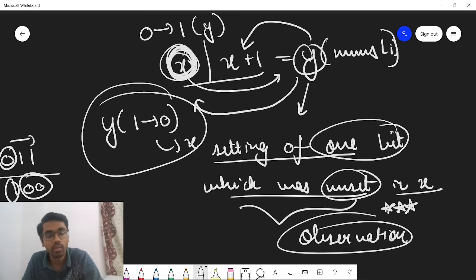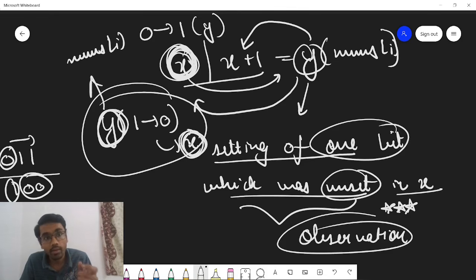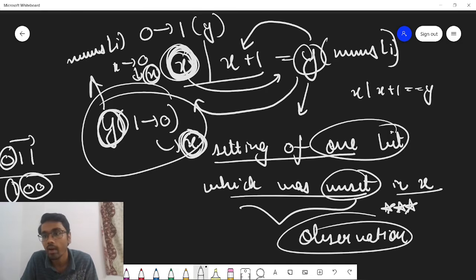We will do the same thing to get the x value, because x is what we need to find. This y we already have, and this y is nothing but nums of i. So we can try to unset a particular 1 to 0 in order to get our value x. If we have x, we can simply do x OR x plus 1, and we will surely get y, which is nums of i.